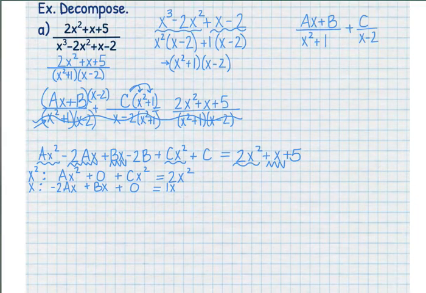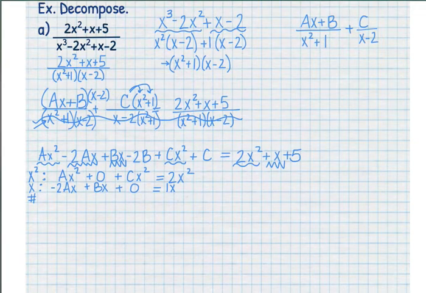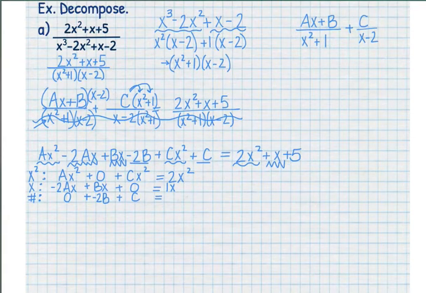Then we'll make an equation out of our plain old numbers. There's no term where x has a constant with it or doesn't have a variable. We have negative 2B, and then we have plus C. And that will be equal to 5 on the other side.